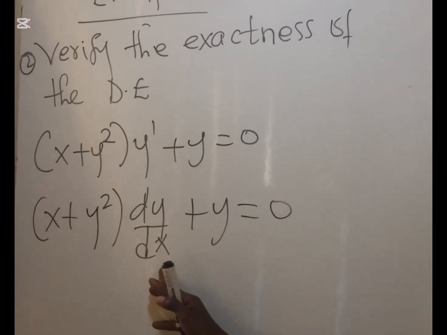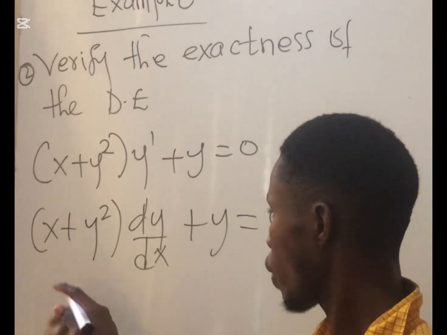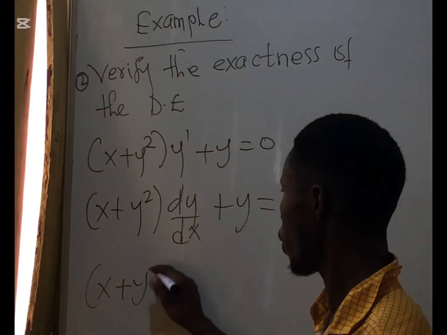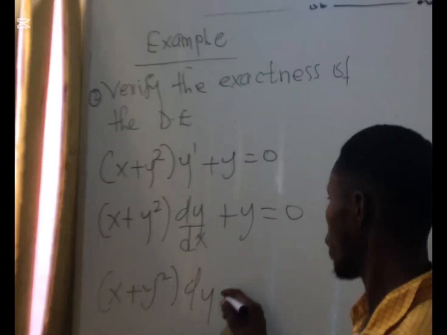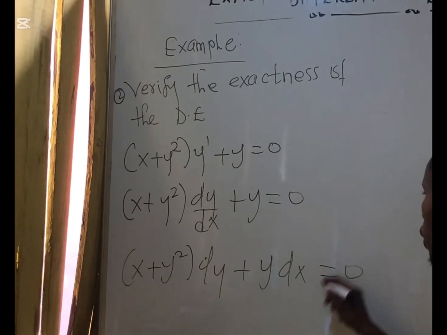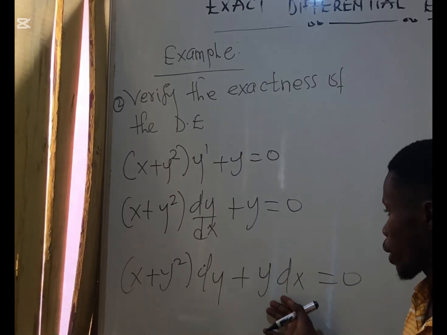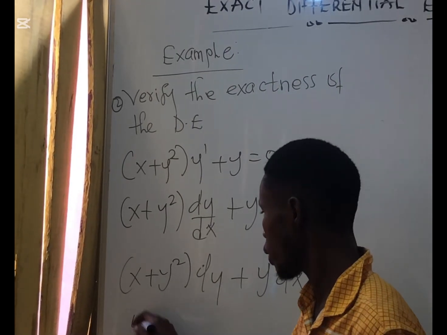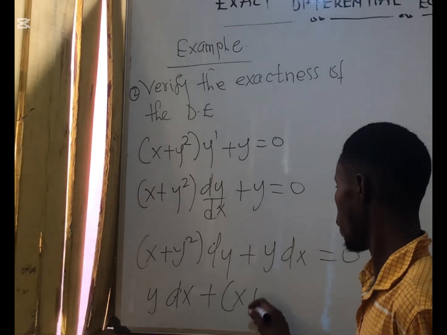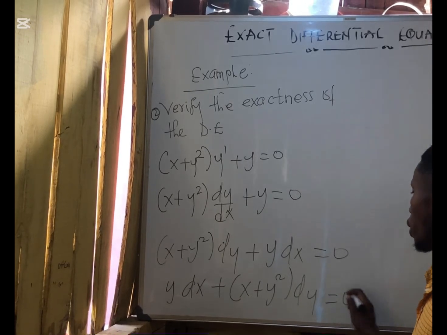Then you multiply through by the LCM. So here the LCM is dx, meaning that if I multiply through, this side will be x plus y squared dy plus y dx equals 0, because 0 times the dx will still be 0. Now looking at this one, we can write it well as y dx plus x plus y squared dy equals 0.